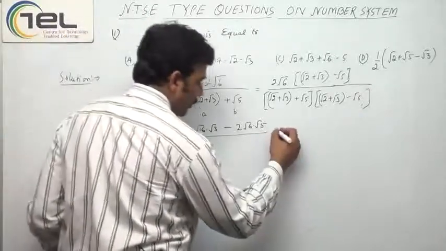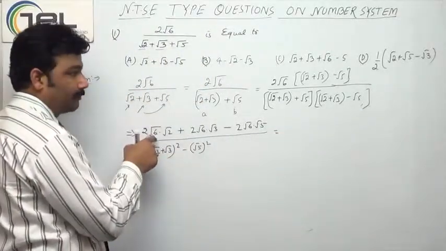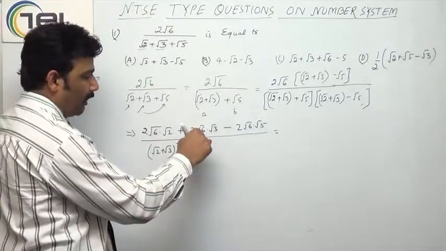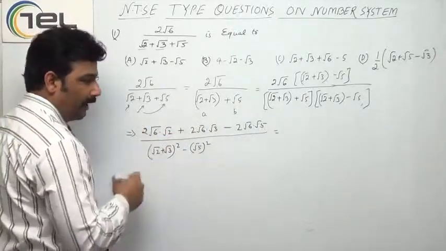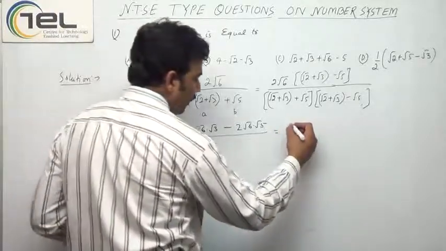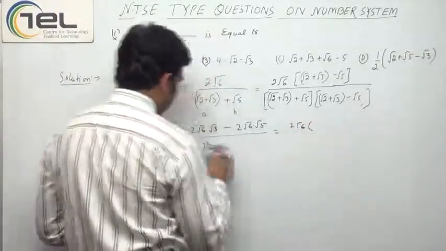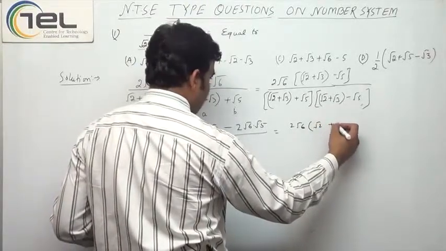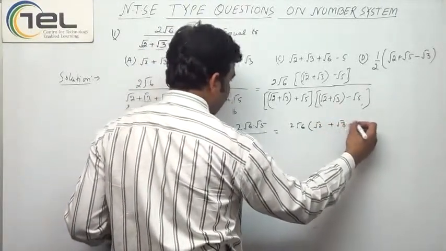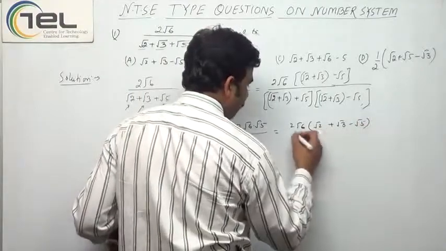Or I don't have to multiply; if you don't want to multiply, take it like this. We have 2 root 6 here, so I can take it like this, root 2 plus root 3 minus root 5.